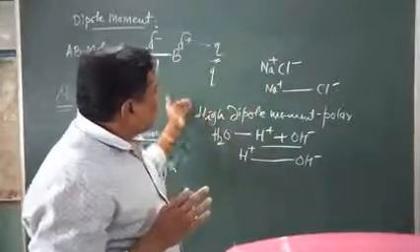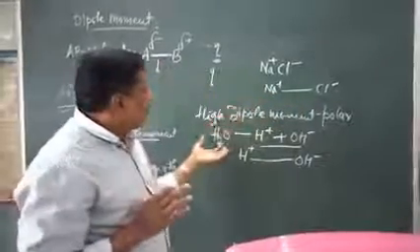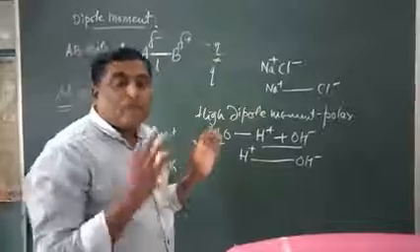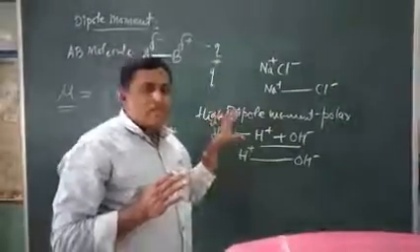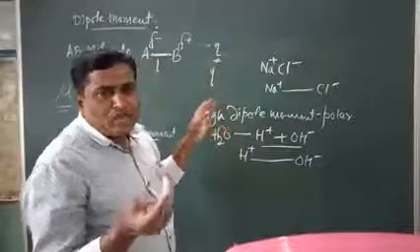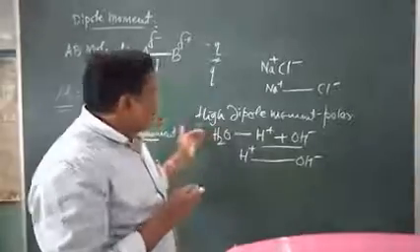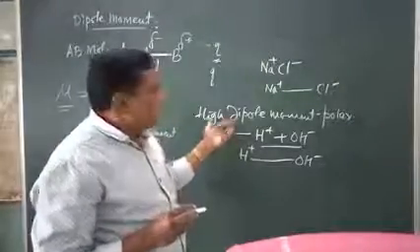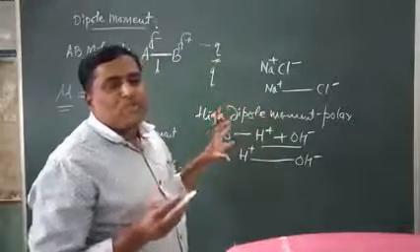Water possesses a high dipole moment value, and its dielectric constant is also higher, and therefore it possesses high solvation energy. If we take any solute and drop it in water, the solvation energy of water is higher, the solute particles dissolve in the water, and a solution is formed.